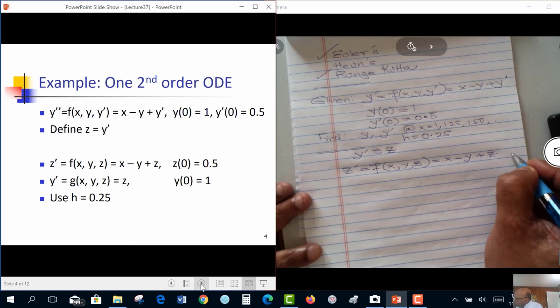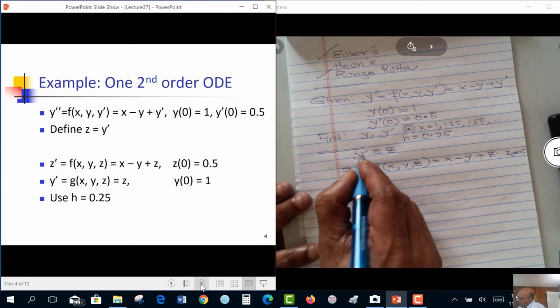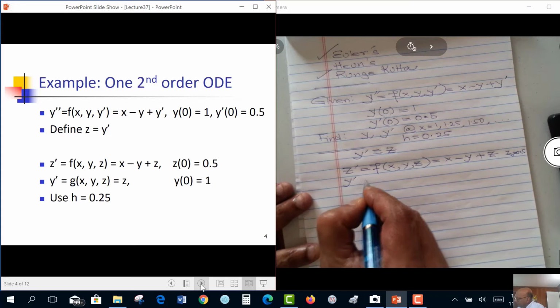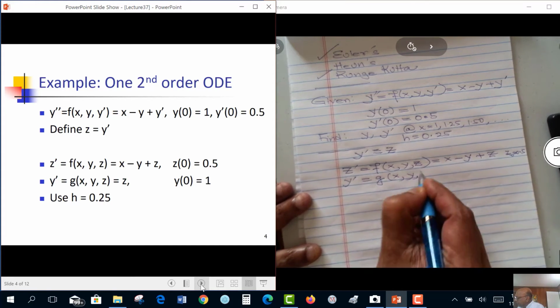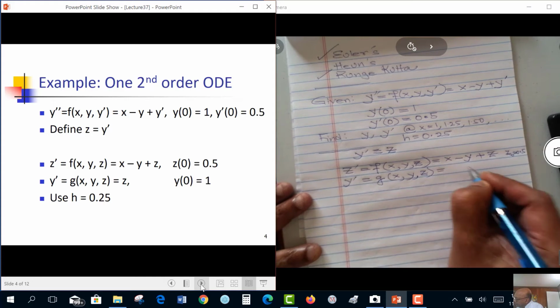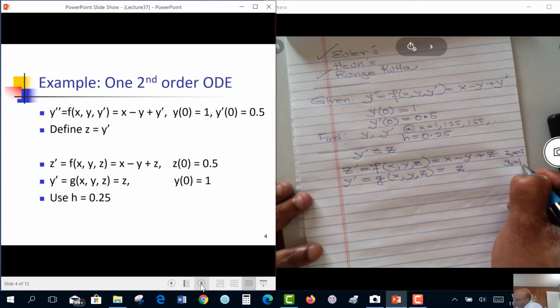And for this, z0 is equal to 0.5. Next, we define y prime. So y prime is a different function g of x, y, z, which is just z. And here y0 is 1.